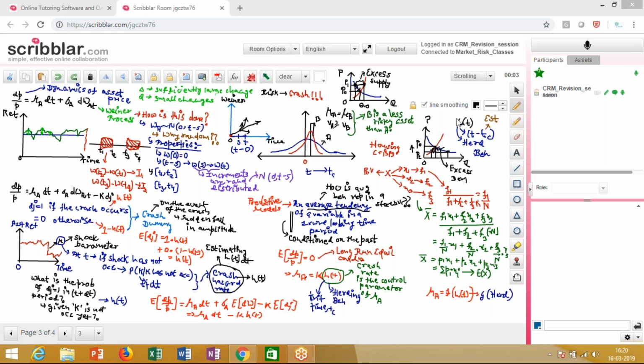Now, the next thing we wanted to talk about is as follows. We had been talking about some of the factors which impacted the asset prices and which actually drive the crash rate. How do asset prices fluctuate in the market?